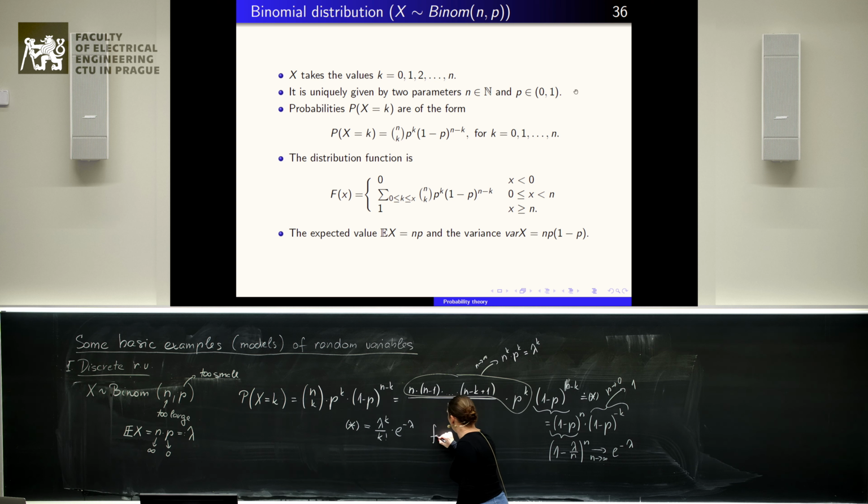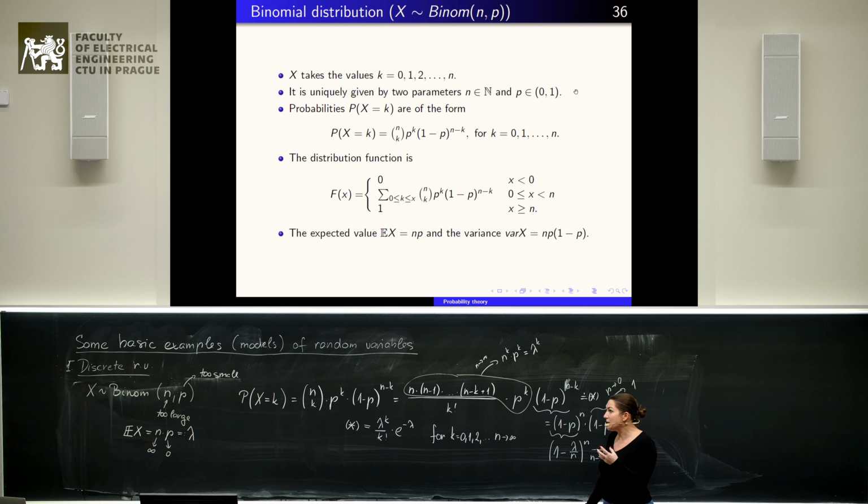And in this way, we can distribute the probability 1 among the values 0, 1, 2, and so on to n, but n is too large and goes to infinity.